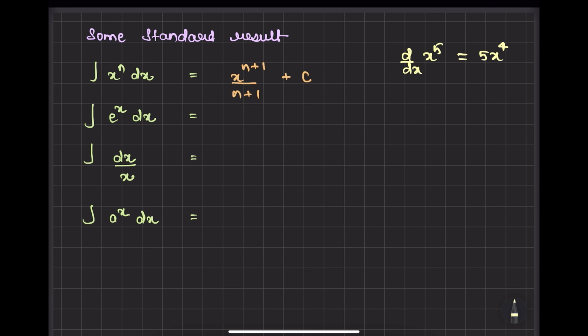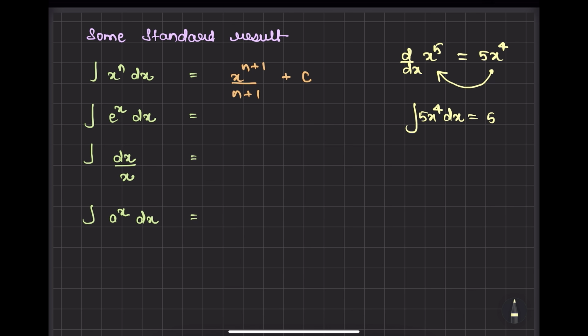This means if we integrate this function, we must get back x power 5, correct or wrong? So let's integrate 5x power 4 with respect to x. Now this dx defines that the integration has to be done with respect to x, and everything except x becomes constant. Now try to integrate this function.